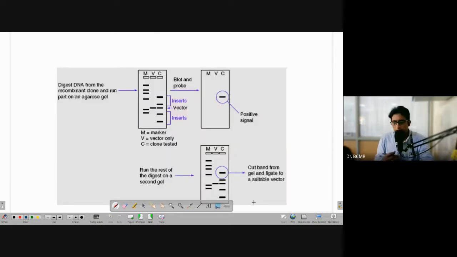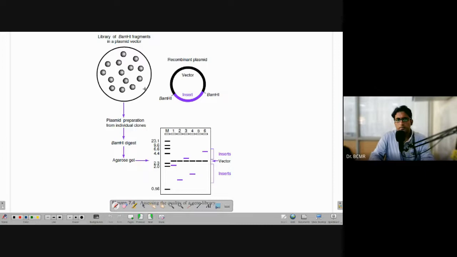The first one is in general, or I can actually skip this, but I hope you realize that we will use this one. So here is a gene library. It is made of several clones. Each clone must have a gene construct. It could have gene A, gene B, this one could have gene C, and so on.